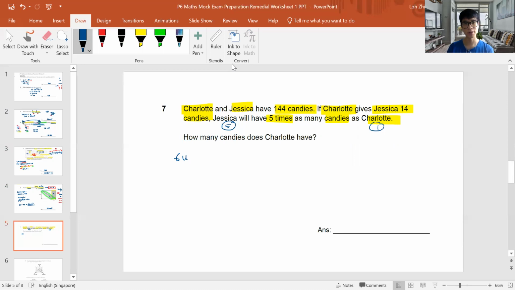Now, Charlotte gives Jessica 14 candies. The total number of candies is 144. Does it change at the end? No, right? Because they're just transferring between themselves. It's still exactly the same even after Charlotte gives Jessica 14 candies, so it's still 144 candies.